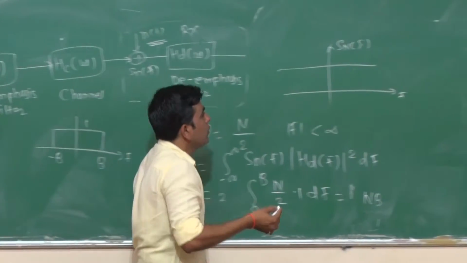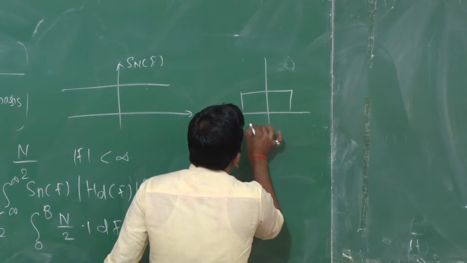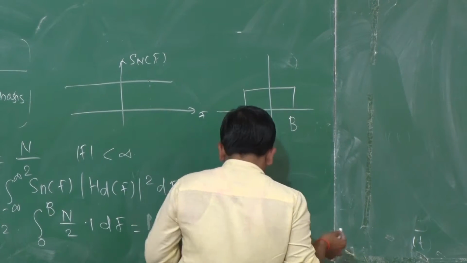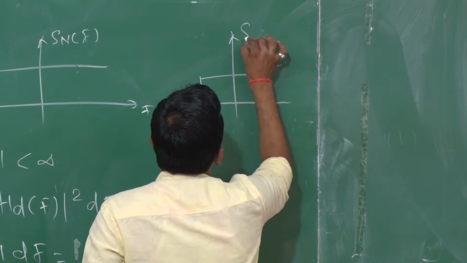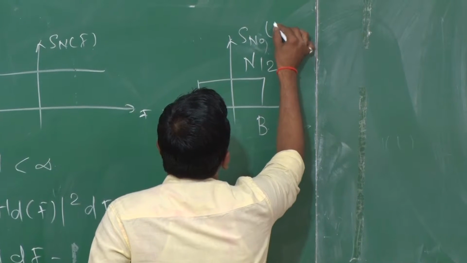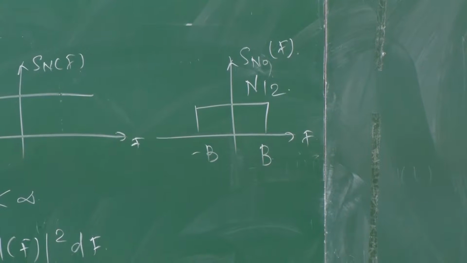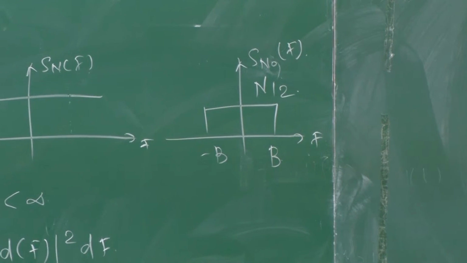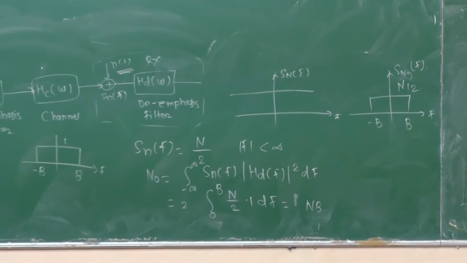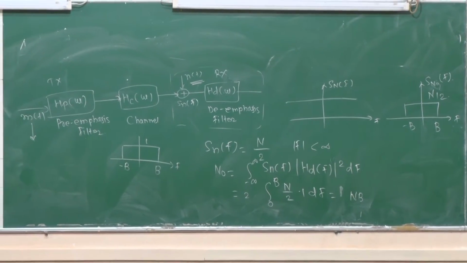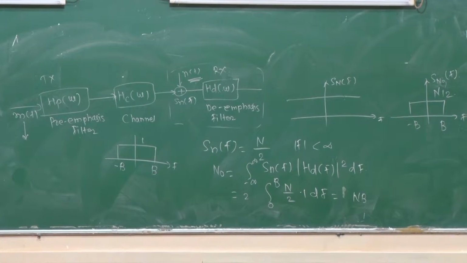So at the output we will get this noise power within this band and with magnitude of capital N by 2. Over this output noise, we have the average power, that is capital N0 is equal to capital NB.